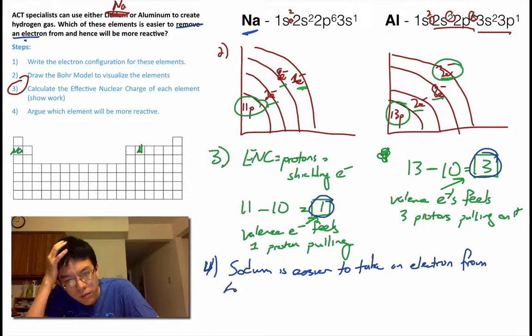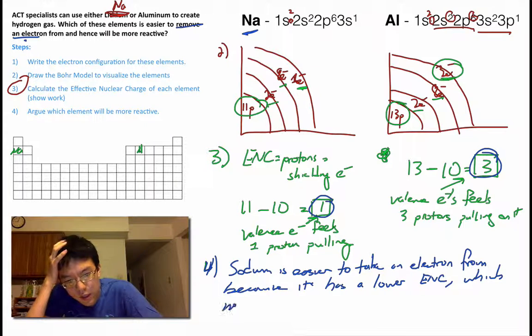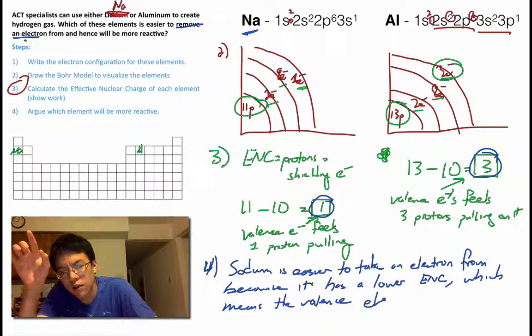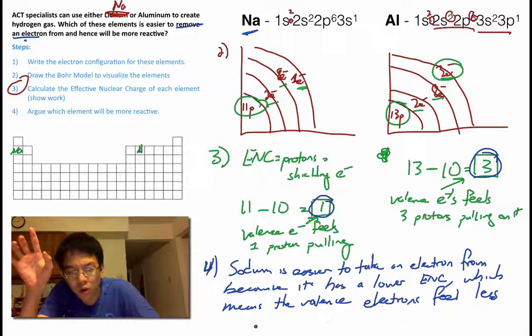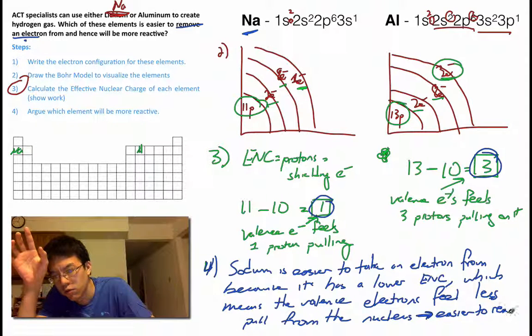Well, because it has a lower effective nuclear charge, which means the valence electrons feel less pull from the nucleus. And that makes it, just drawing an arrow here, easier to remove.